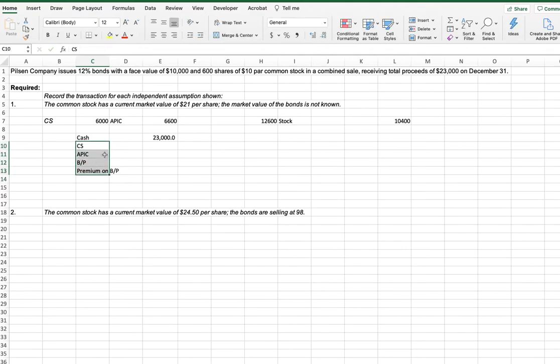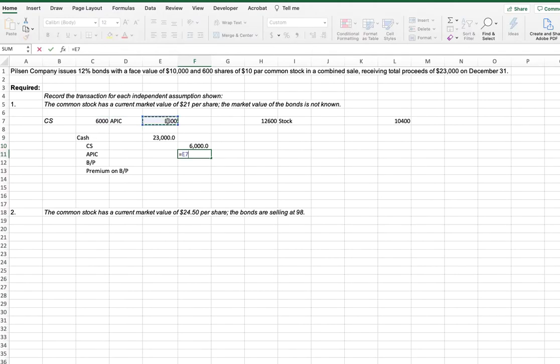And I'm just going to indent all of those. And so our credit to the common stock, we calculated as 6,000. The credit to the additional paid in capital, we calculated 6,600. The bonds payable, we didn't type anywhere, but it's the full 10,000. And the premium is the portion allocated to the bond minus that 10,000 face value.